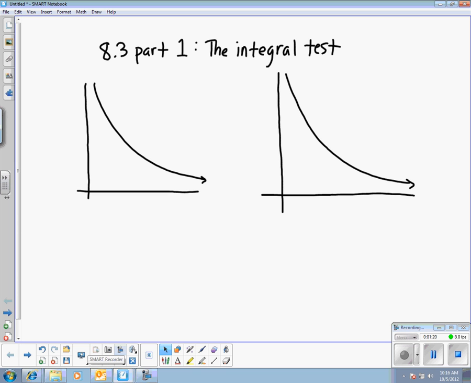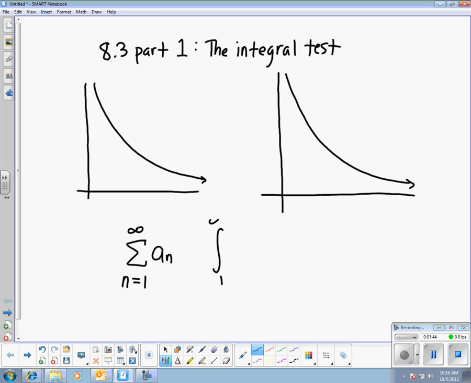Okay, so the integral test works like this. Basically, you're going to turn your formula for your series into a function. Series or sequences are just functions where we only plug in the whole numbers. So the sequence version would look like this, and the function version would look like this.